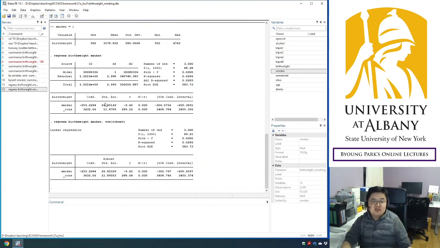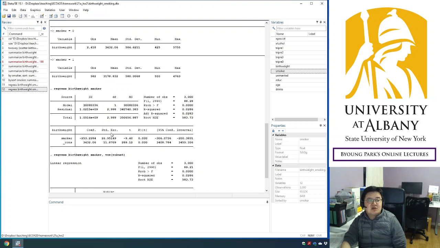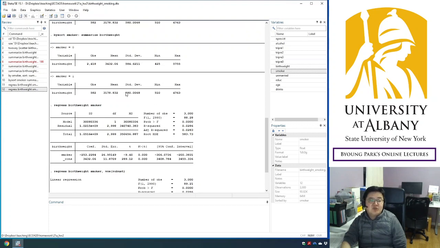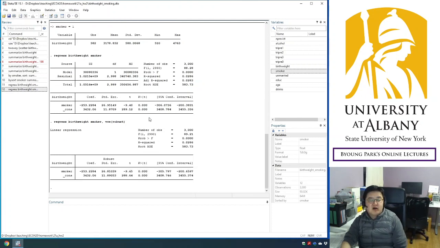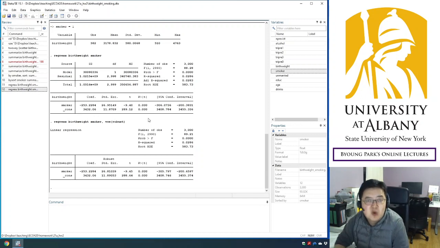So in this case, it's not a big change, but still, why not use the robust one? If they are similar, I would take this one, right? And also, I said earlier that the homoscedasticity assumption is likely to hold because these two guys are similar. The standard deviation is pretty much similar across different groups, implying a homoscedasticity assumption.